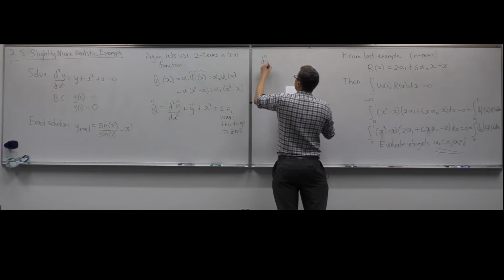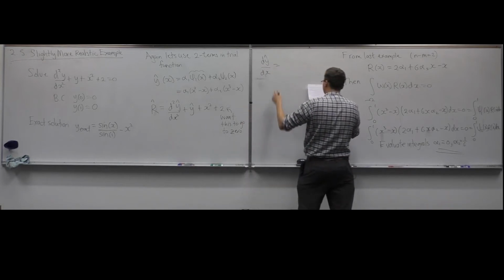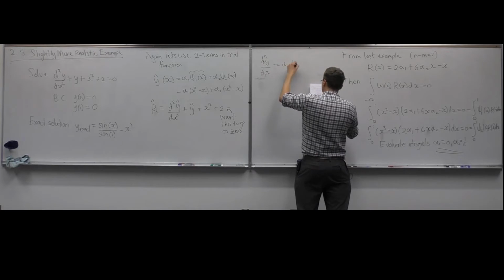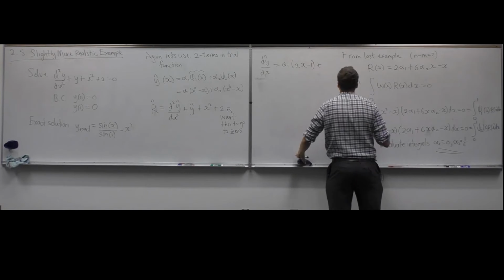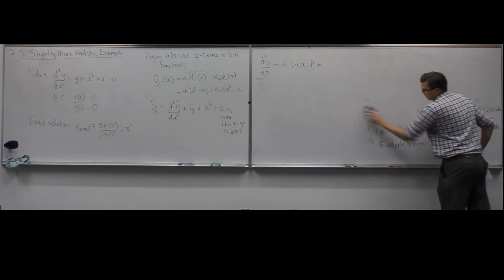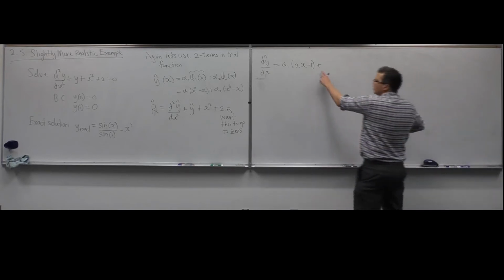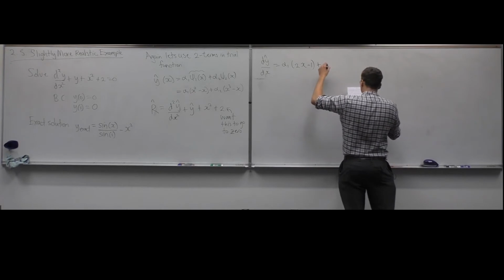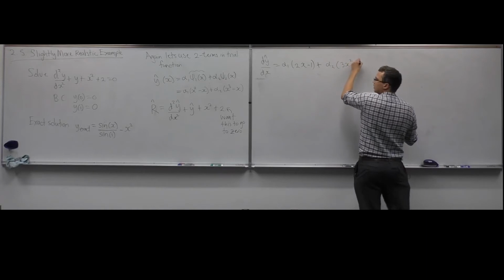Take the first derivative of y with respect to x: if we take the derivative of this, we're going to get alpha 1 (2x minus 1) for the first term, plus the second term, which is going to be alpha 2 (3x squared minus 1).